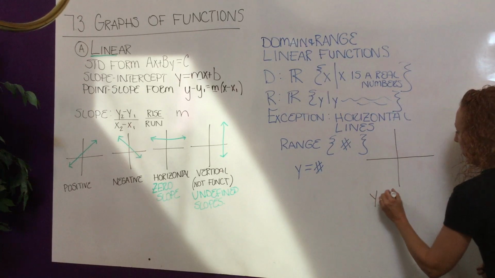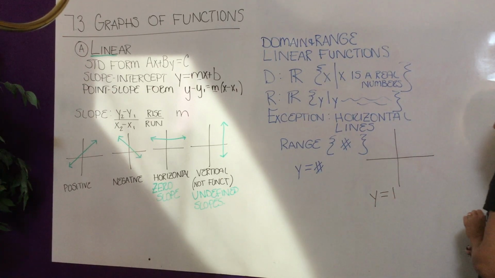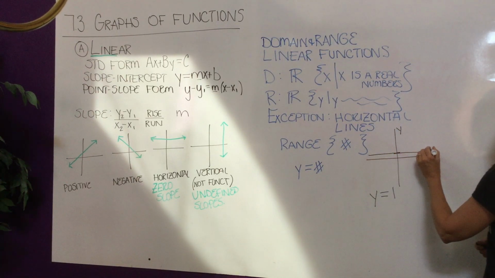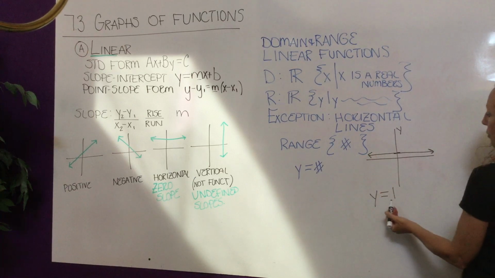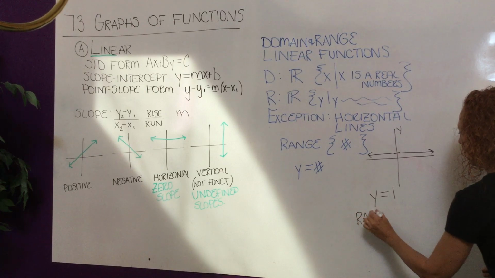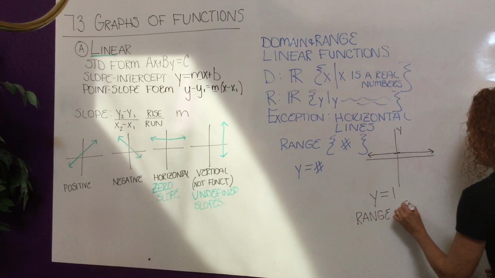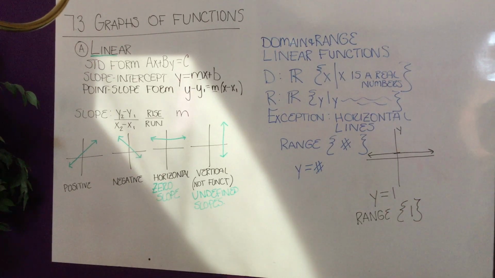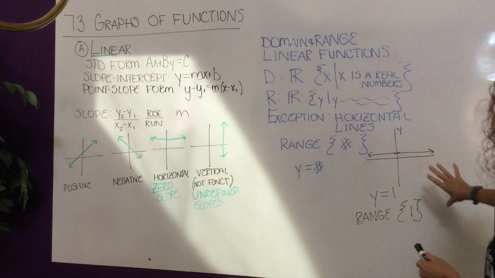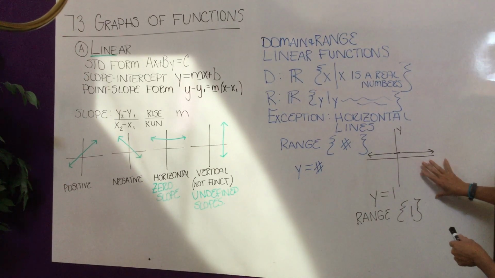So if this was my equation, I was going to graph y equals 1. I would go up 1 on the y-axis and draw a flat horizontal line. And so because this is 1, the range of this would be the set, and 1 would be the only member in the set. Because regardless of what x value I plug in, the y value is always 1. And I did do one example like this in 7.2. So you have another example of that there as well.